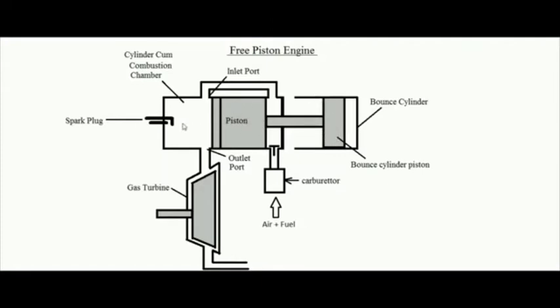This piston is the piston of the two-stroke engine, but its connecting rod is connected to the bounce cylinder piston. So in case this piston moves to and fro, means right and left, the same motion will be executed by this bounce cylinder piston also. This piston is meant for the two-stroke engine side, and this piston is meant for the bounce cylinder side.